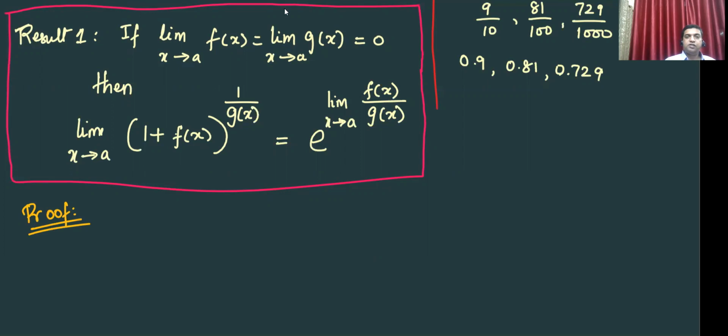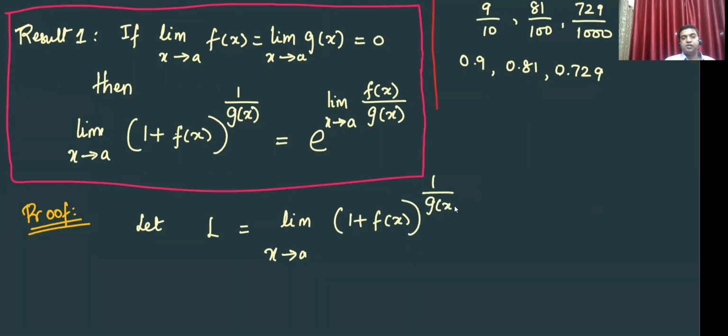Whenever you get exponents, one way to prove is to let the limit value be L. Let L be limit x tends to a, 1 plus f of x whole to the power 1 by g of x.